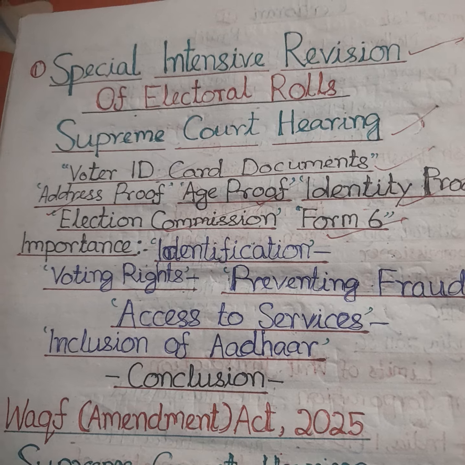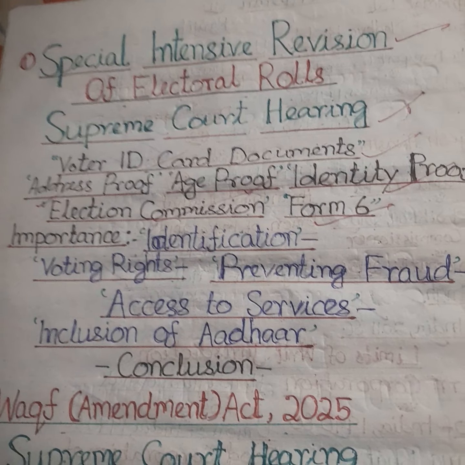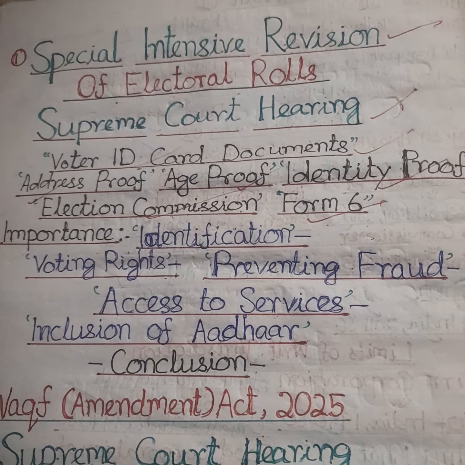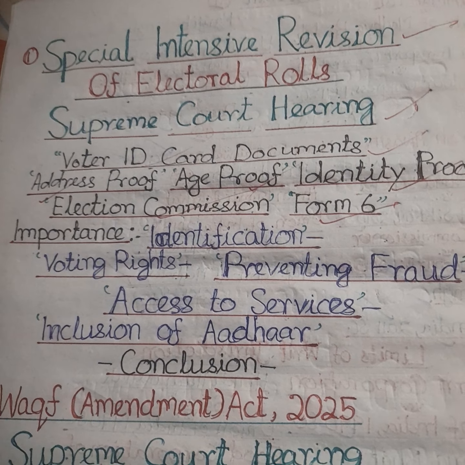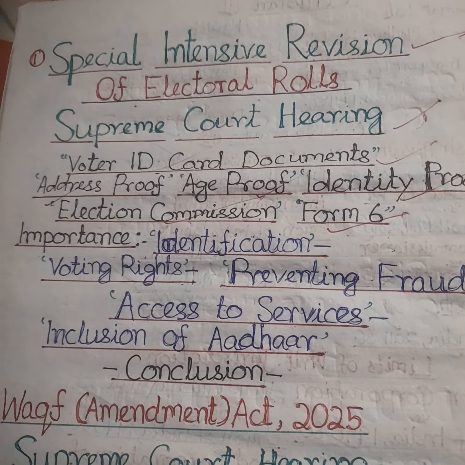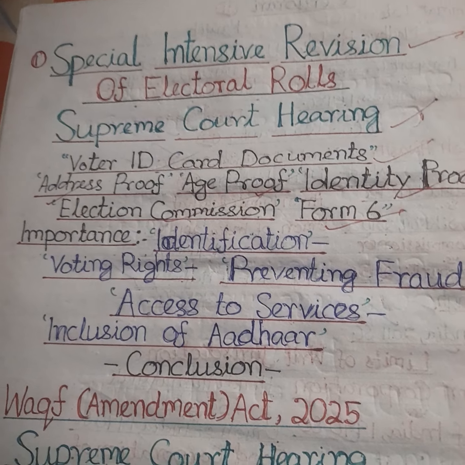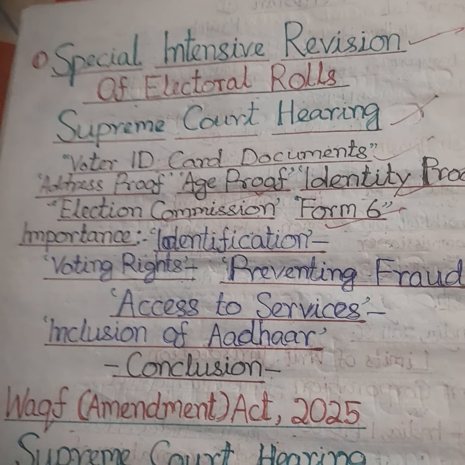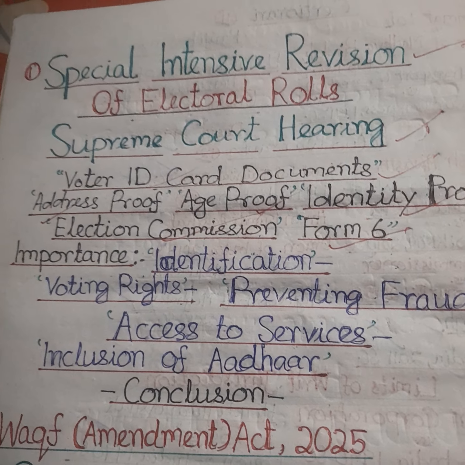After logging in, change your password for security purposes. Then choose the Form number 6 or application for inclusion of name in assembly constituency voter list option. Fill in the form accurately and attach a recent passport size color photograph. Submit the form online.